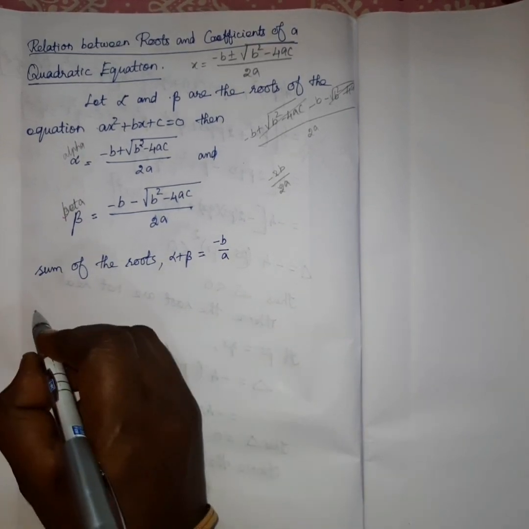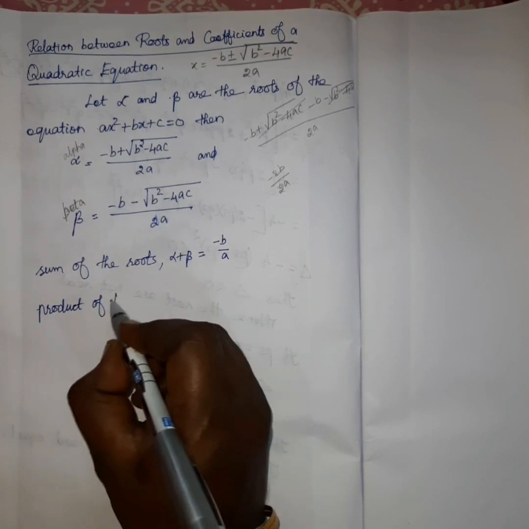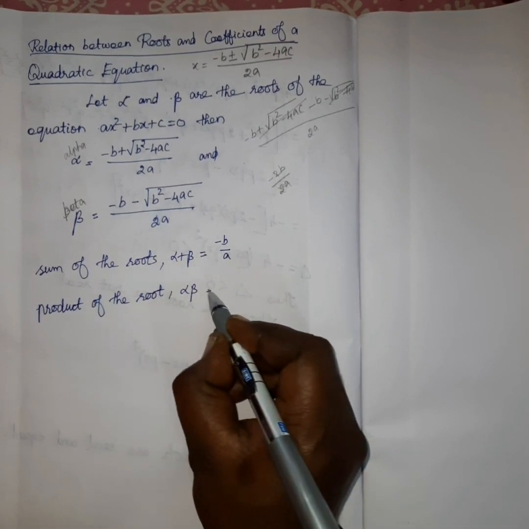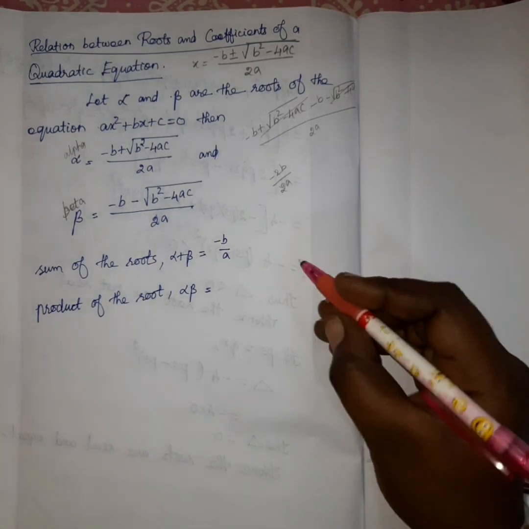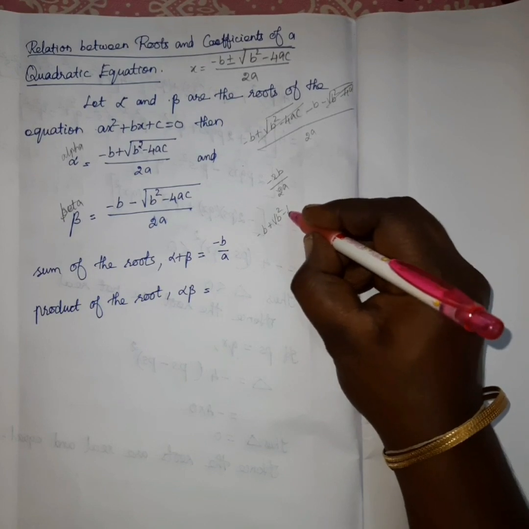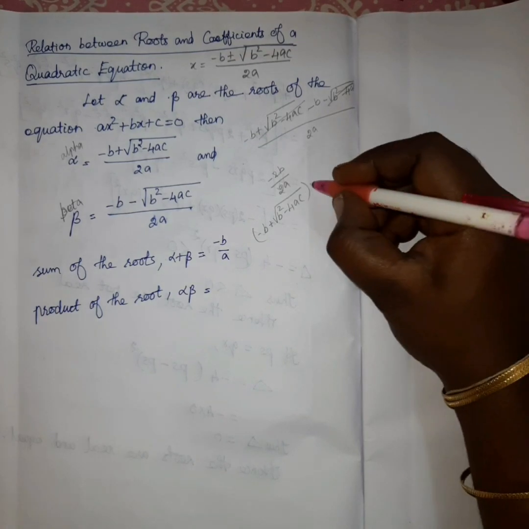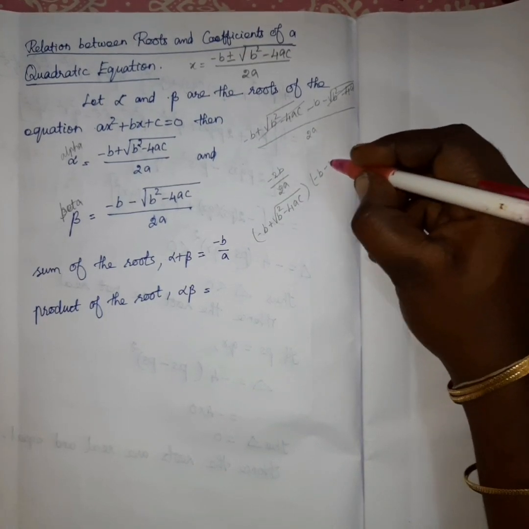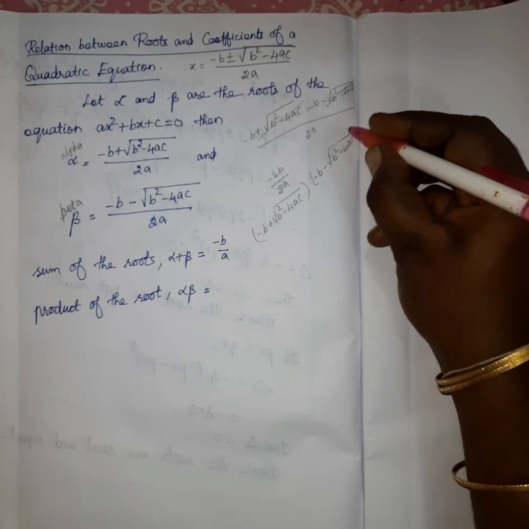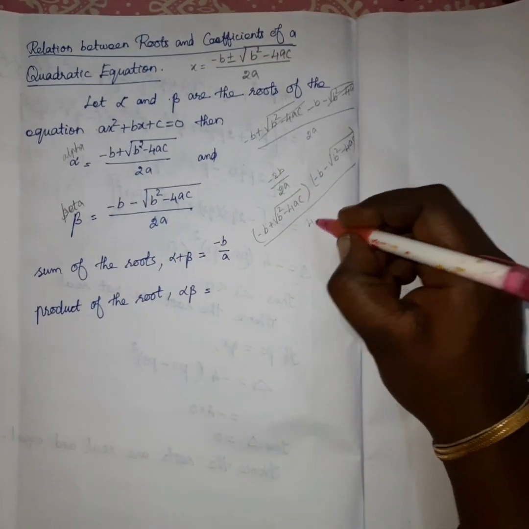Next we can see the product of the roots, that is alpha beta, alpha into beta. When you are multiplying both the roots, minus b plus square root of b square minus 4ac into minus b minus square root of b square minus 4ac, divided by denominator 2a into 2a, it is 4a square.